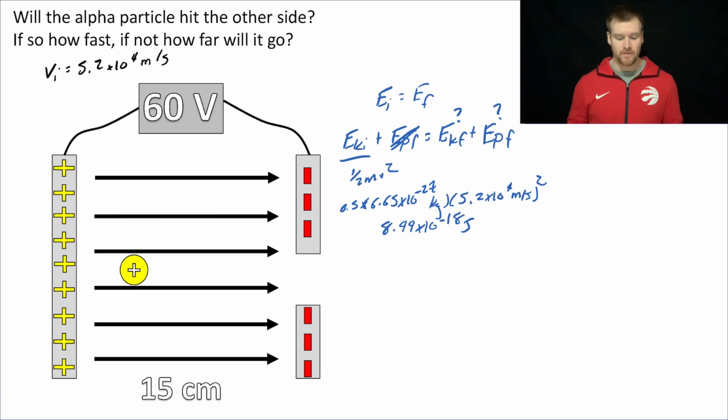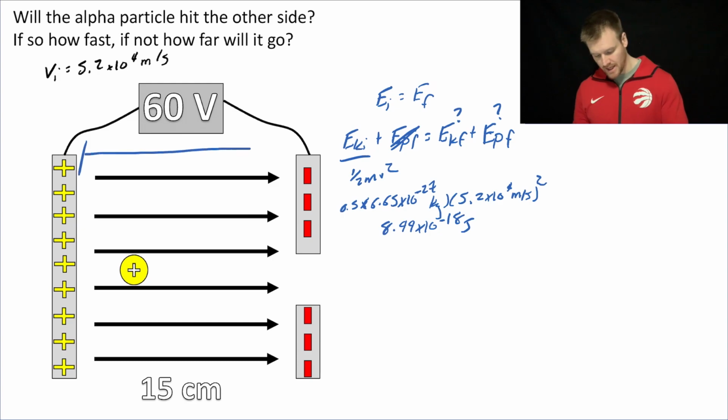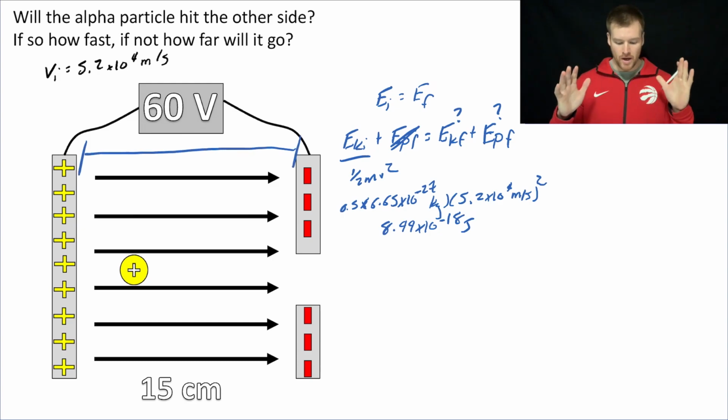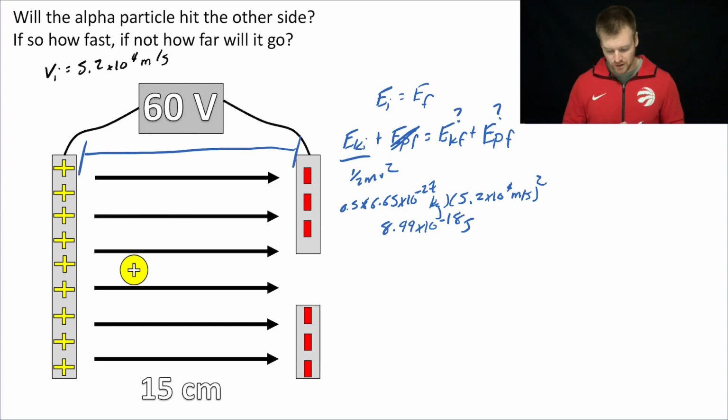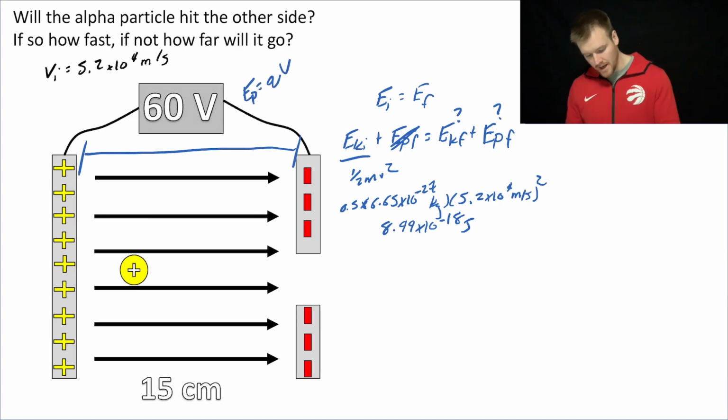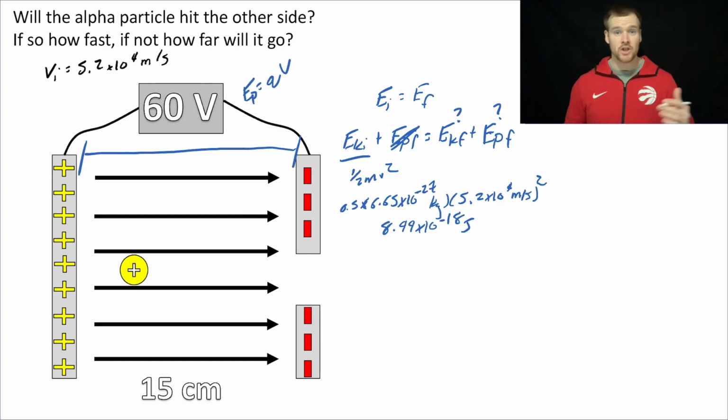Okay, so now we have to figure out the potential energy that would exist in going that far through those plates. So how we could find that, again, is EP is equal to QEV, but we don't know the field strength. We do know the volts. So I think the easier equation here would be EP is equal to QV. So let's figure that out. Charge on the alpha particle is plus 2e.